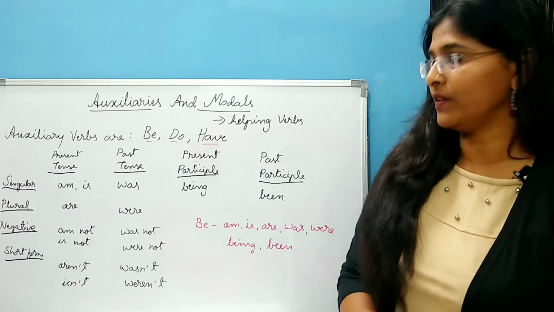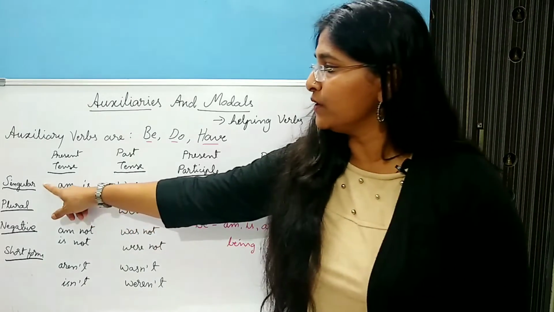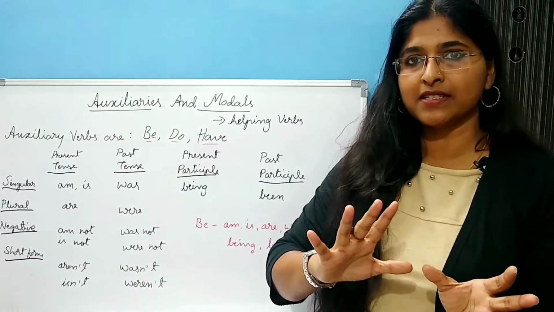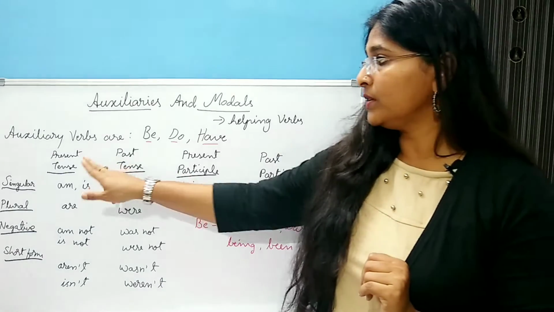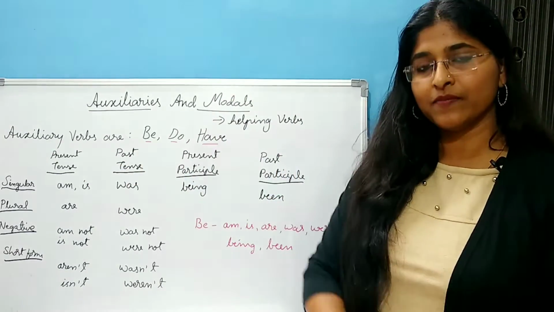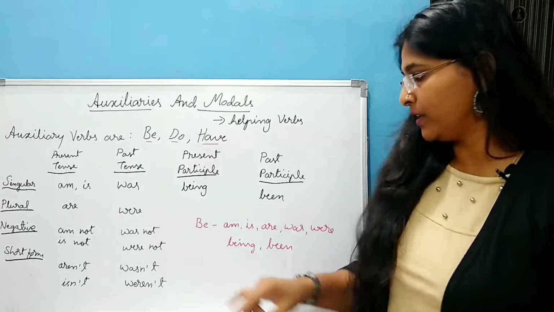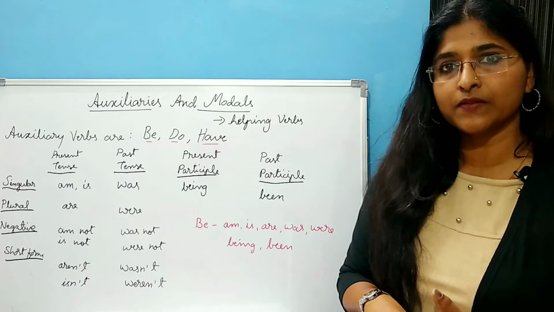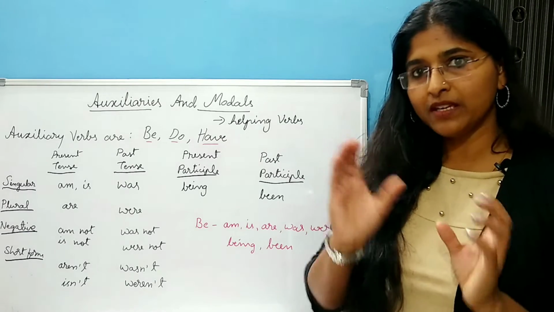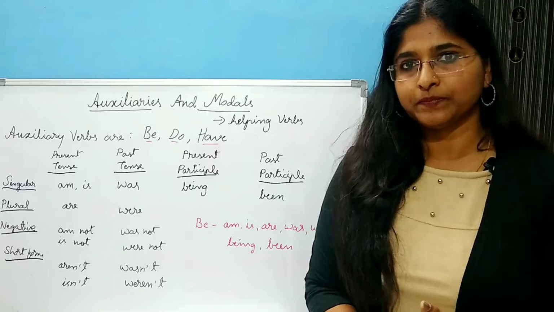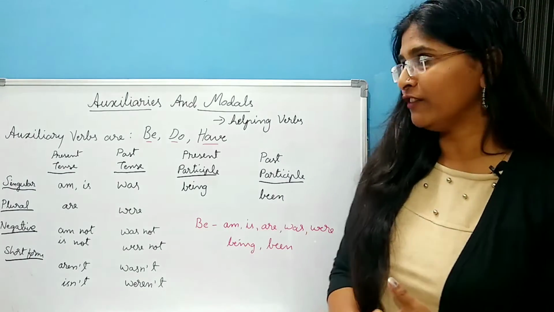You have to choose one according to the singular or plural subject, and according to the present tense or past tense. That's why be is given in the bracket. I hope you have understood this.